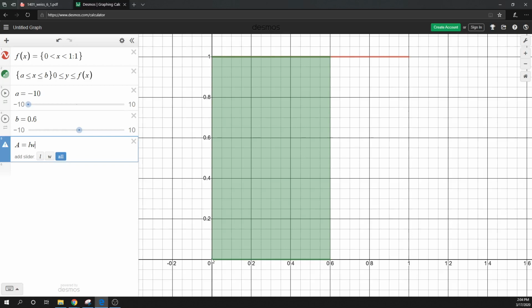So every one of these rectangles has length 1, and if you make the width 0.6, then the area is just going to come out to be 0.6. If you put it at 0.4, well then the length is still 1 and now the width is 0.4. So you can see, wherever you put this right hand endpoint, the area of this green shaded region is going to be the same. Okay.